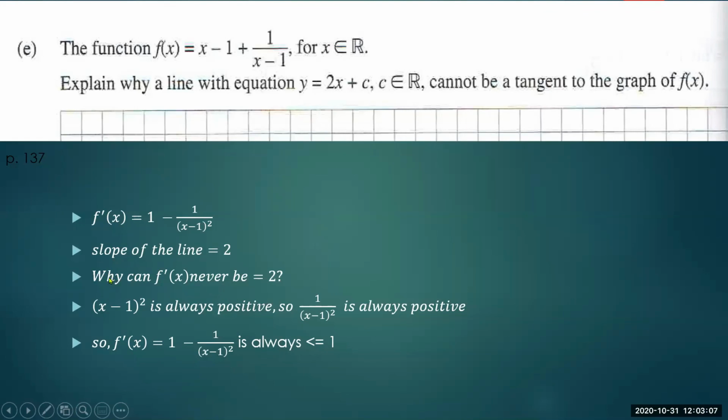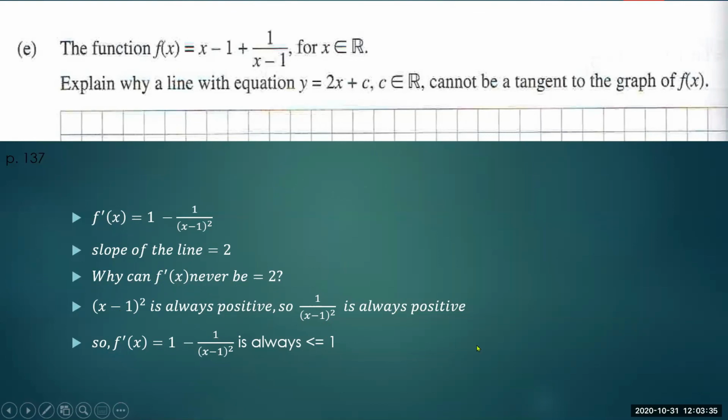And so now we need to ask ourselves, why can f dash of x never be equal to 2? So x minus 1 squared is always positive. So 1 over x minus 1 squared is always positive also. So f dash of x, which is 1 minus 1 over x minus 1 squared, is always some number less than or equal to 1.